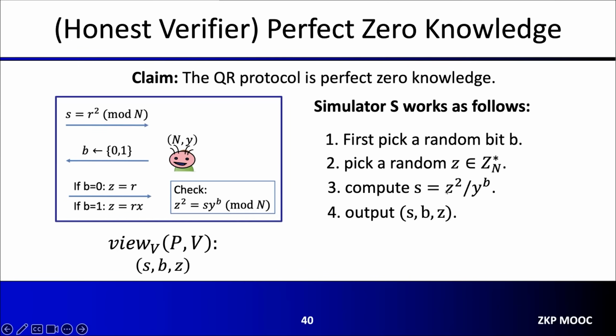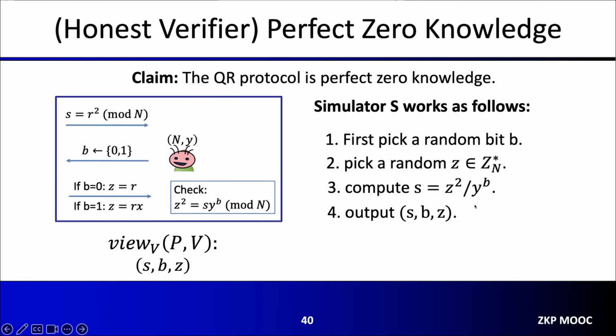Then I'm letting S be Z squared over Y. Is that correct? If you look at Z, in the case of B equal to 1 it's supposed to be R times X. And the relation of R times X to S is that if I square it, I should get S times Y. And that's exactly the case here: if I square Z, I get S times Y.